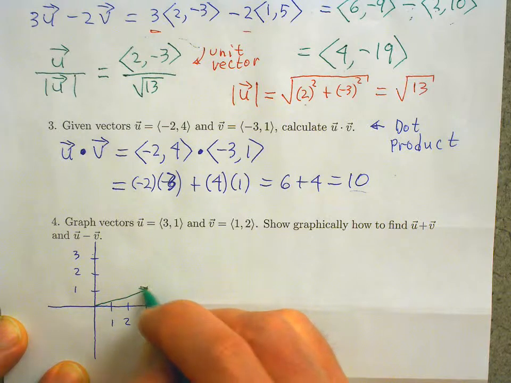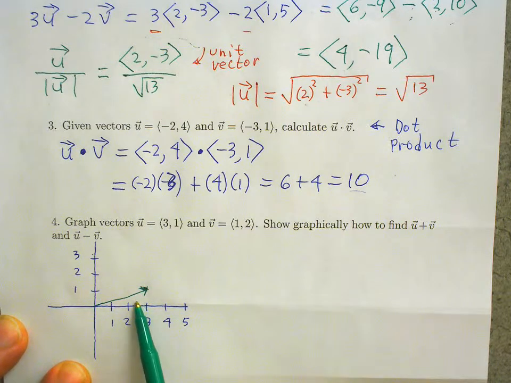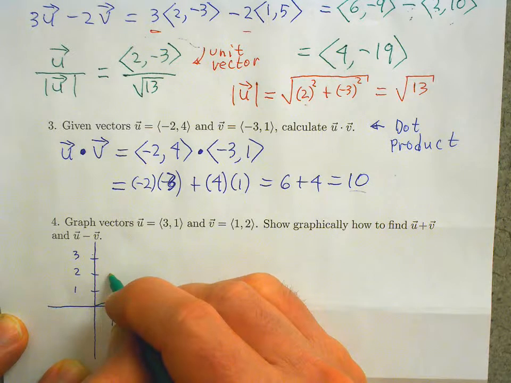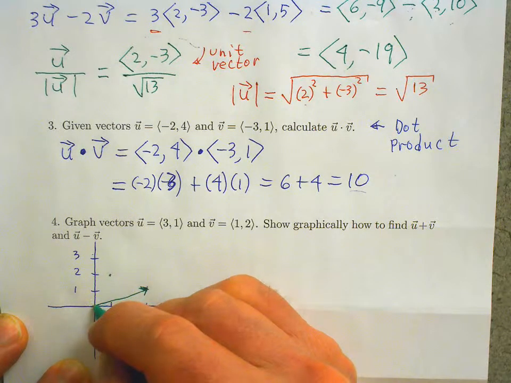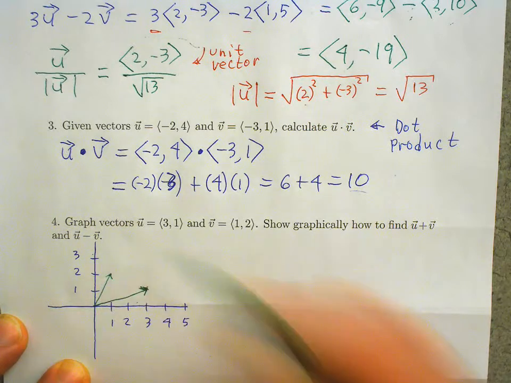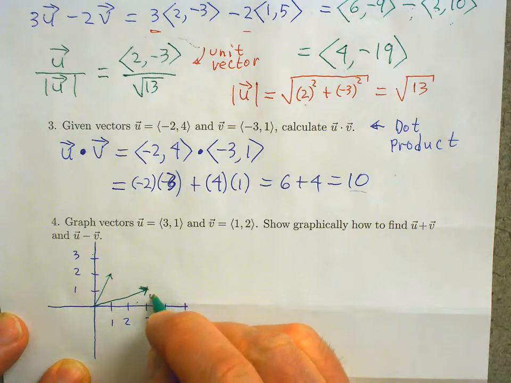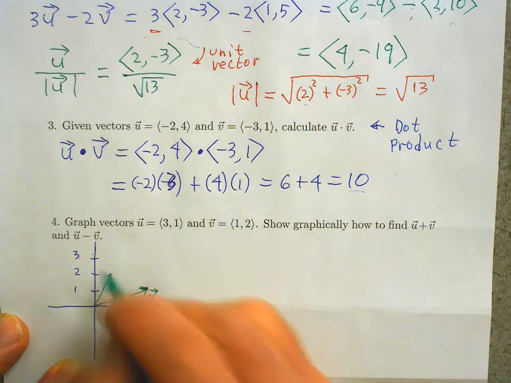This is the vector U, and vector V is 1, 2 in standard position. Okay, so that's vector U, and this is vector V.